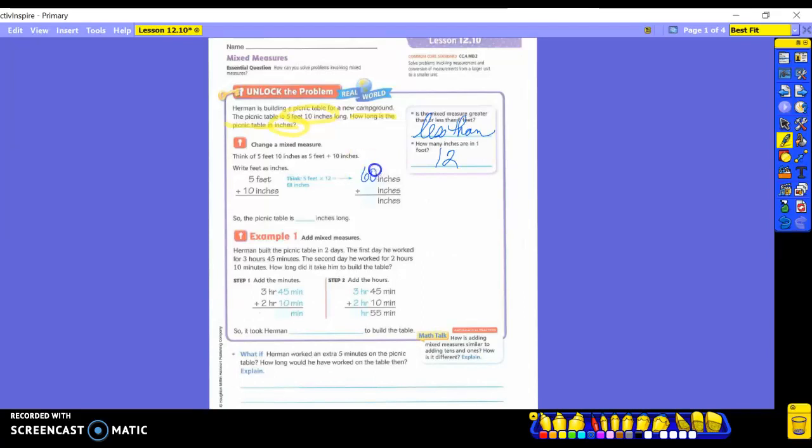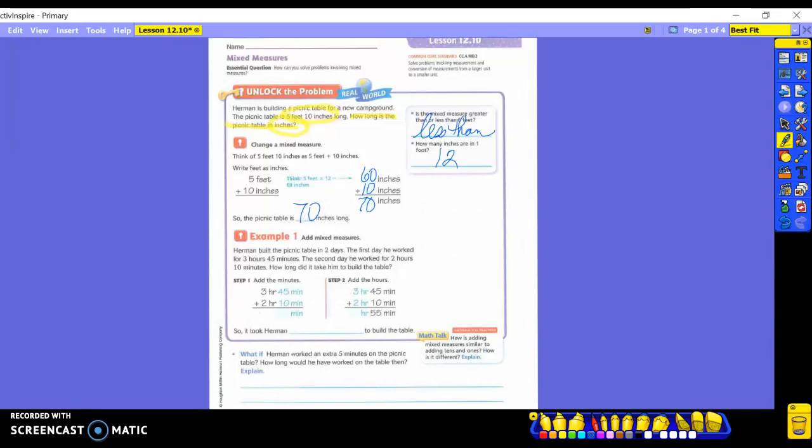So you're going to put 60 here, and we have the 10 from before that we didn't have to change because it's already in inches. We'll just bring that down with it, and then we're going to add them together, and we get a total of 70 inches.